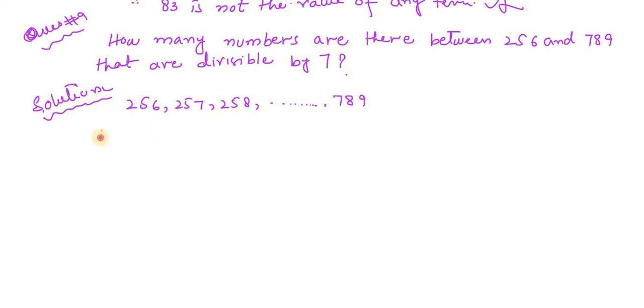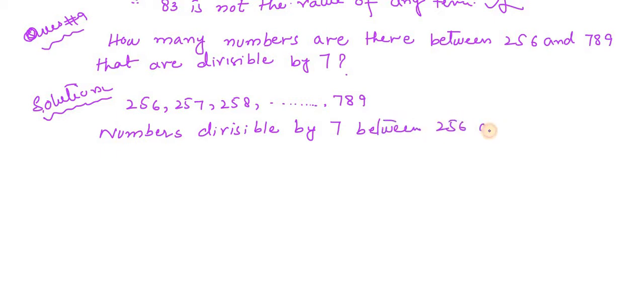We have to find the numbers that are divisible by 7, which we can find by simply dividing by 7.